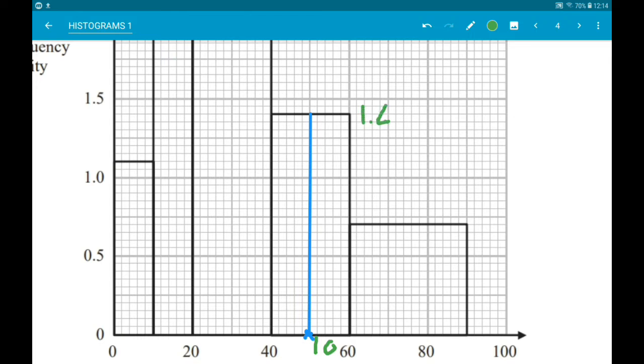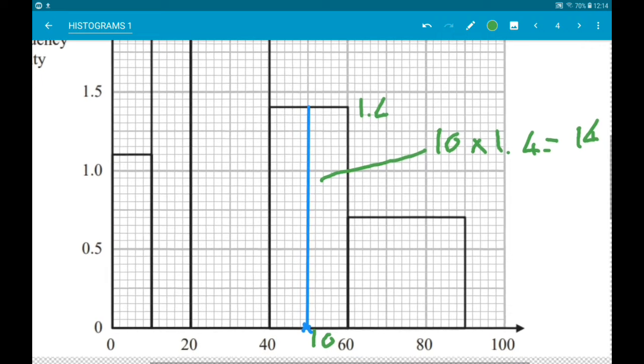So the area in here is 10 times 1.4, which is 14. So, as an estimate, we have 14 people between 50 and 60.